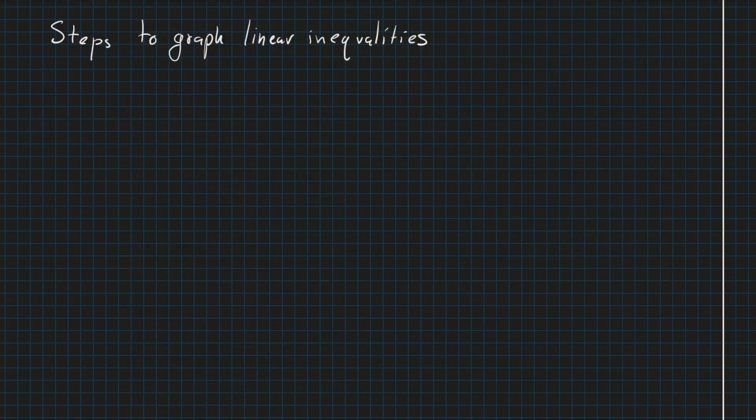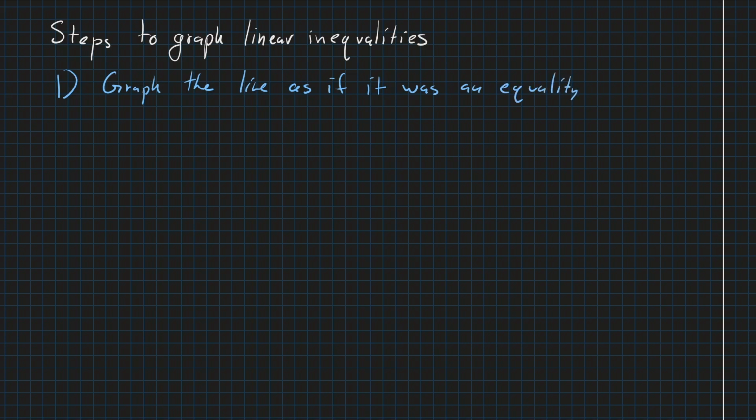So to go through what we just did, what are the steps that we followed to graph the linear inequalities? The first step is to graph the line as if it was an equality. That's the first thing we did: we graphed this line.